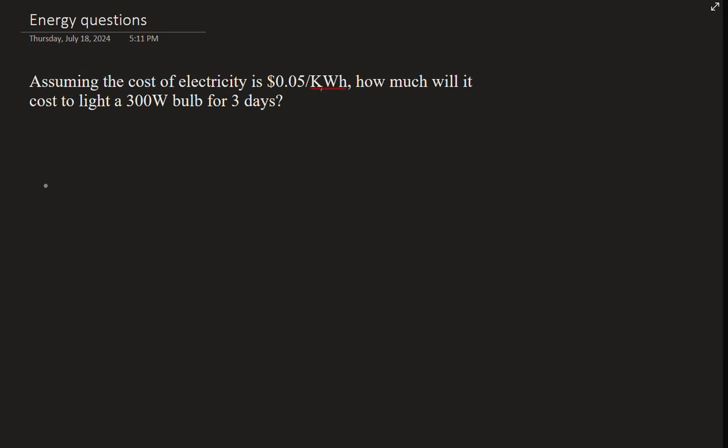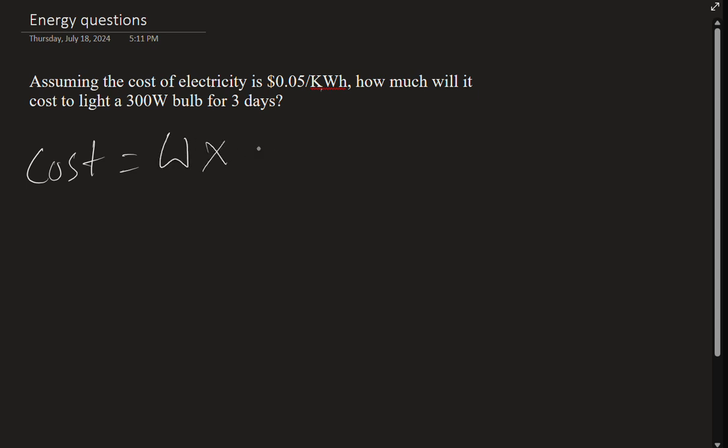Assuming the cost of electricity is 0.05 dollars per kilowatt hour, how much will it cost to light a 300 watt bulb for 3 days? So this is a cost question. Now for cost, the formula is pretty simple. Cost is equal to work done or energy consumed times the rate, the price of electricity.